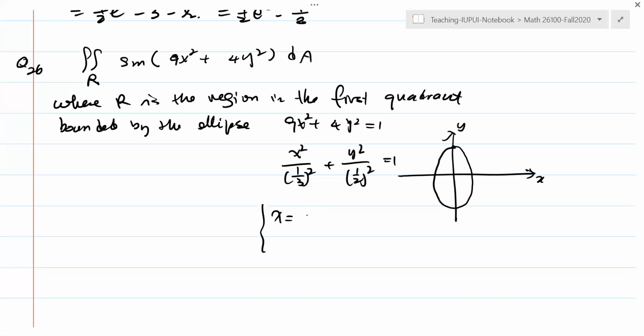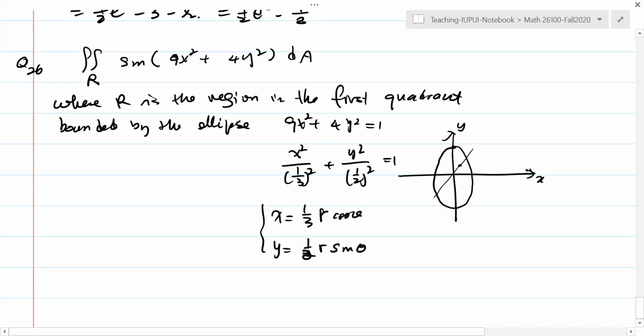So for an arbitrary point inside, what I'm trying to do is x equals 1/3 of r cosine theta, y equals 1/2 of r sine theta.